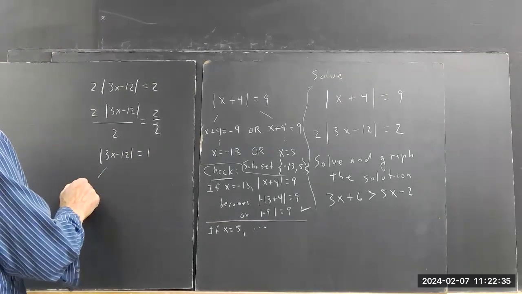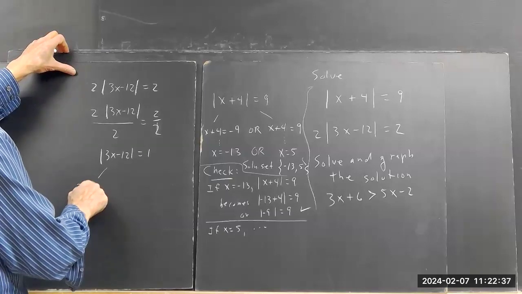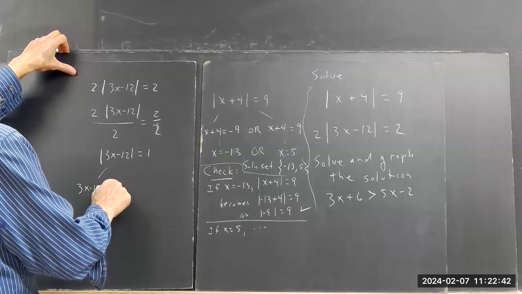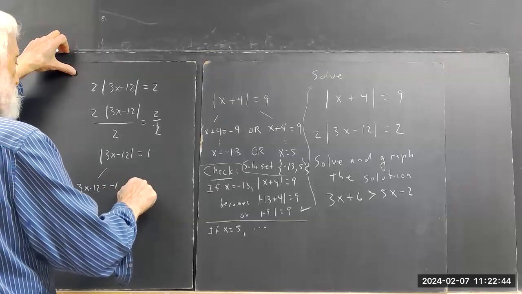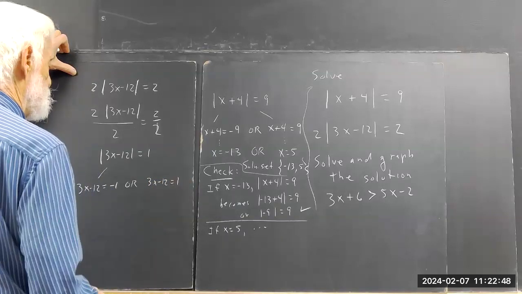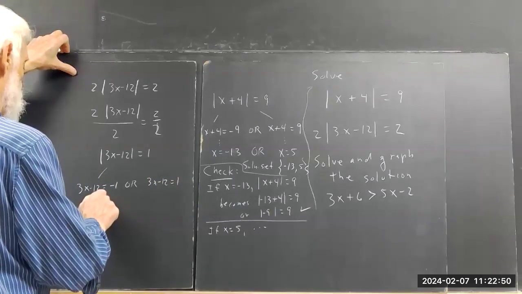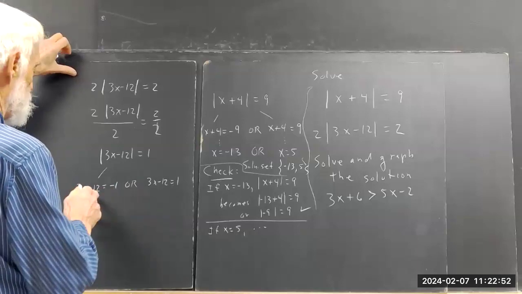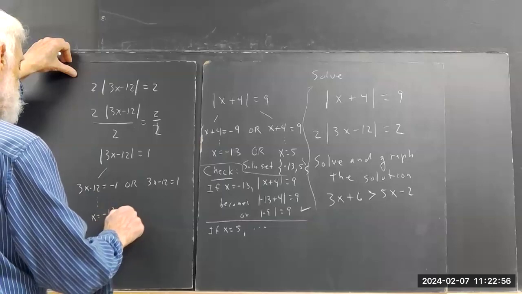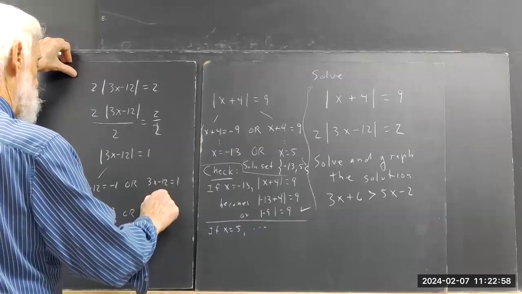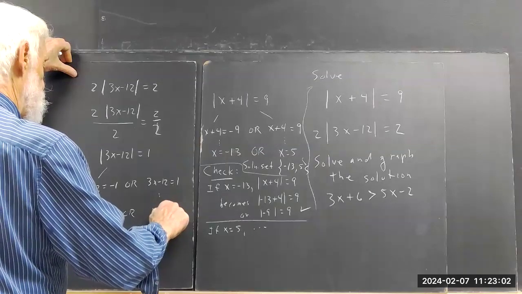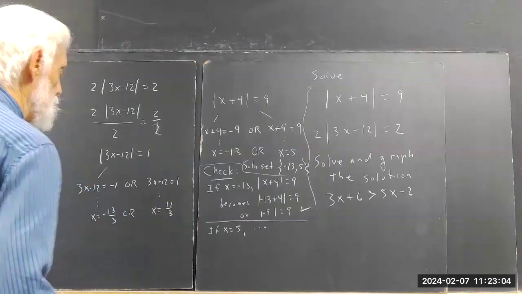And that splits into 3x minus 12 equals -1. Or 3x minus 12 equals 1. And easy enough to solve. We get -13/3. Or x equals 11/3.